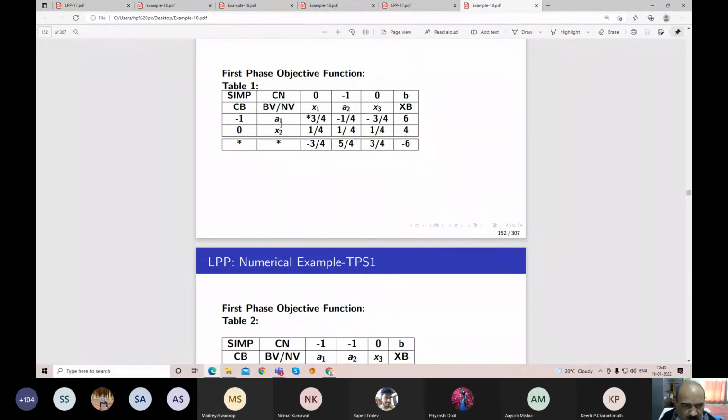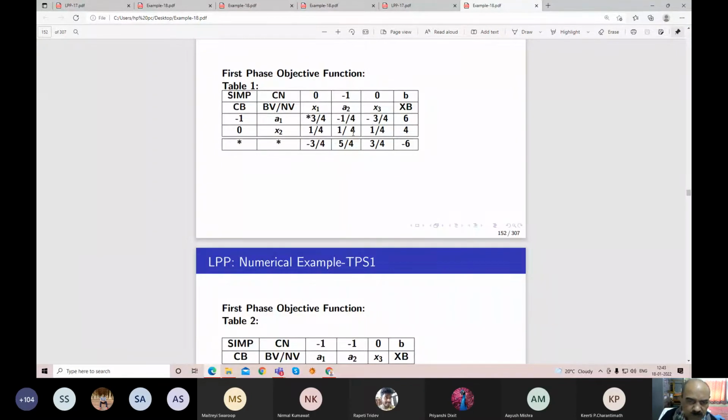As a result, the coefficient of X1 will be 0 and the coefficient of A1 will be minus 1 in the next table. In the new table, the 3 by 4 position will be 4 by 3, and you divide by 3 by 4. So this will be minus 1/3 and minus 1. Similarly, in the same row, this is 1/3.